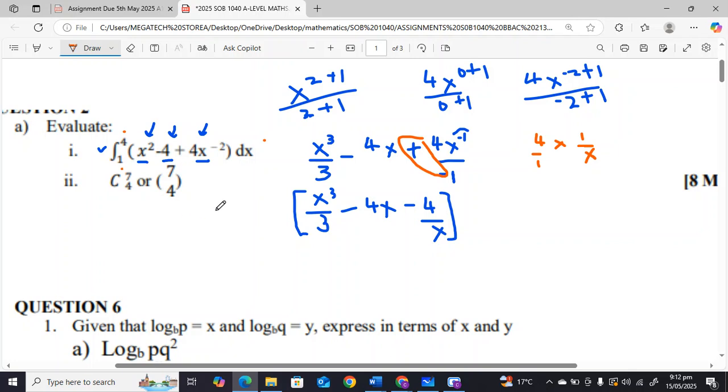So what you're going to do next, colleagues, is your upper limit, where there is x, you substitute it with 4.